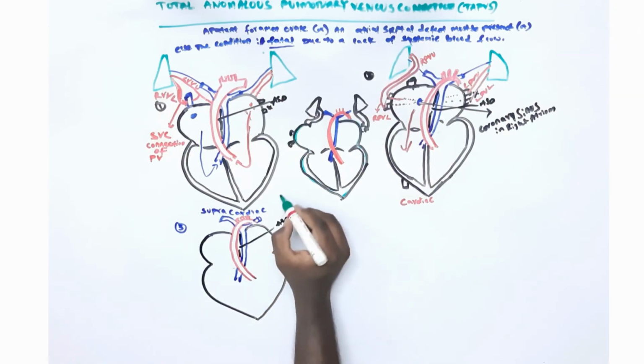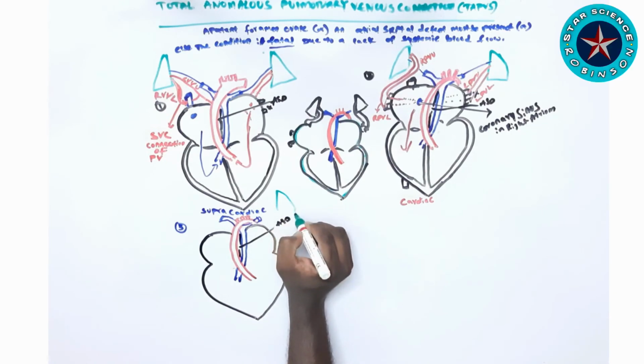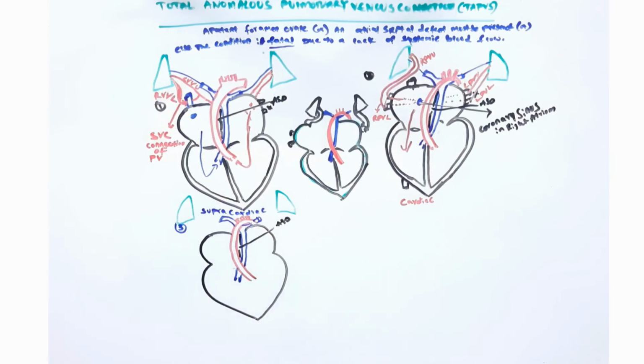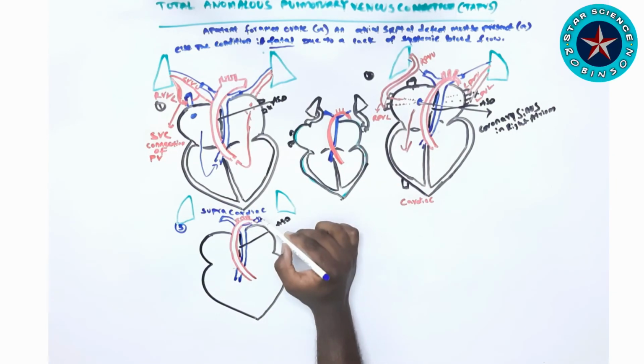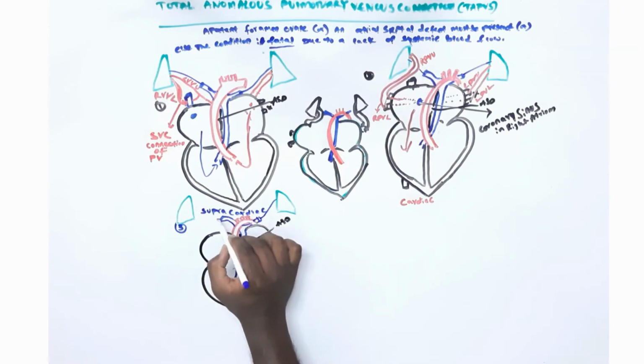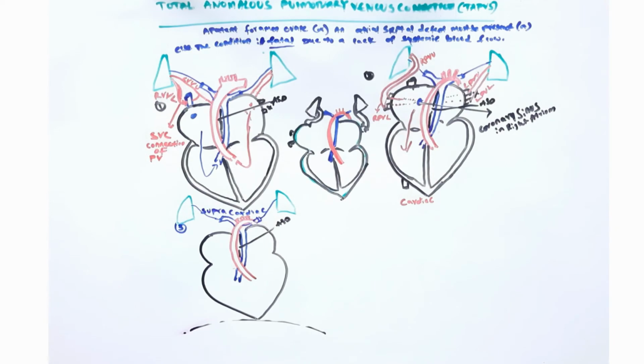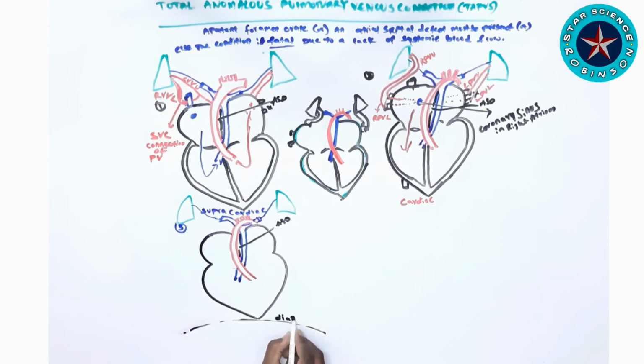The pulmonary veins connect to the portal vein, the ductus venosum, or the hepatic vein, or they might connect to the inferior vena cava by a common pulmonary vein that crosses the diaphragm. Here I'm showing you how it crosses through the diaphragm.